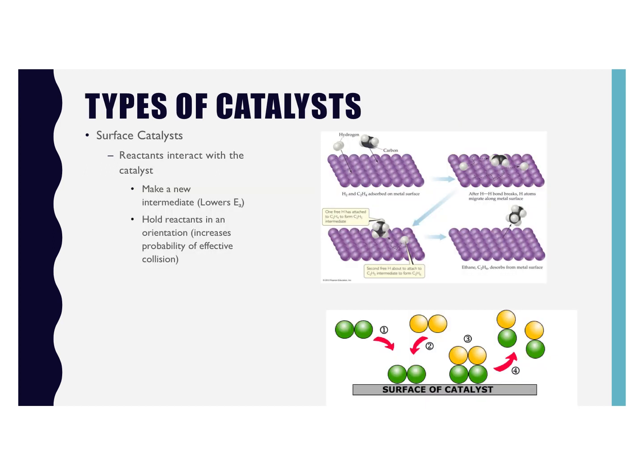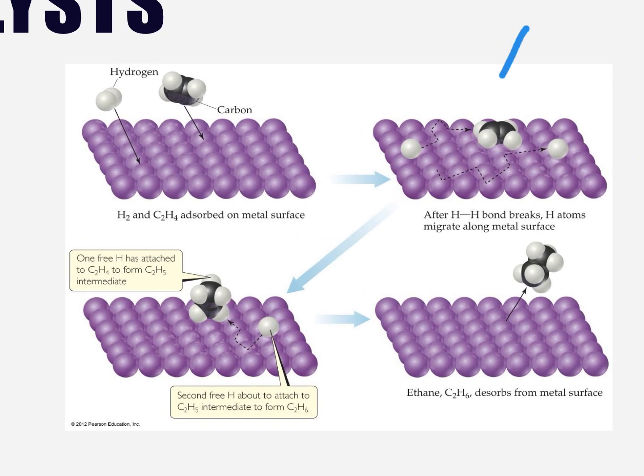Okay. So how do catalysts go through this process, or how do they make their magic happen? A few different types of catalysts occur. One is a surface catalyst. Surface catalysts happen when you have a reactant come in and it interacts with the surface of the catalyst. This can happen in one of two ways, as shown in our top diagram up here.